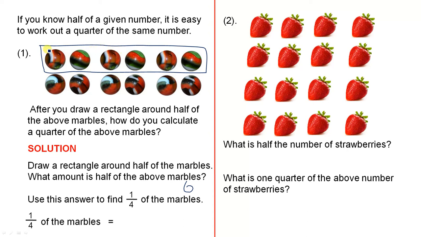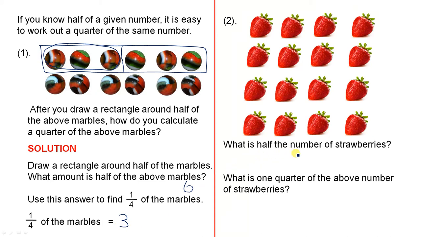All we do, we take this amount here and we halve it again. So what is half of this amount? Well, if we draw that line there, that means half of that amount will give us these marbles here. So a quarter of the marbles equals 3.